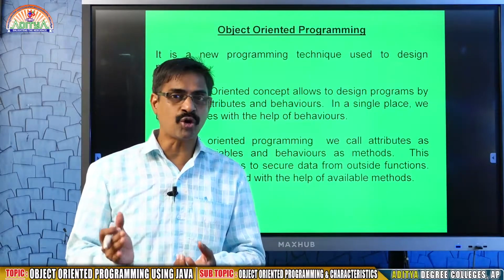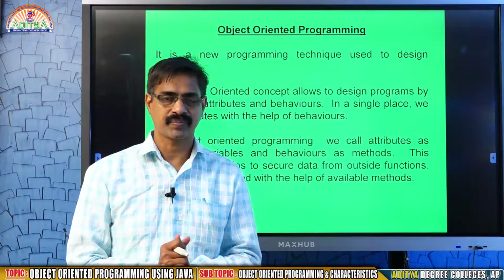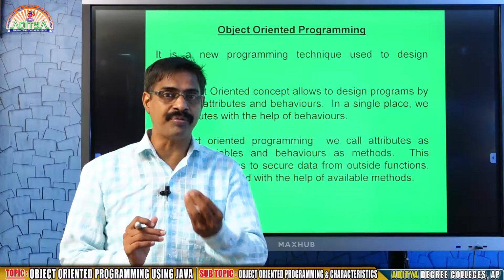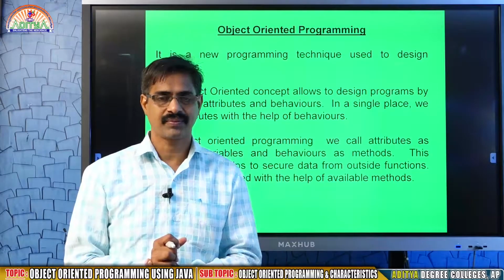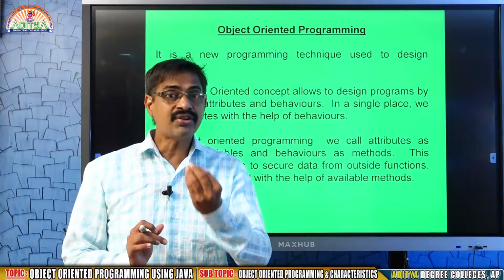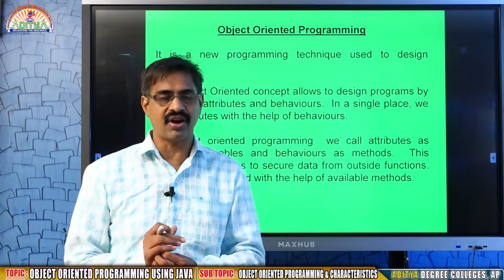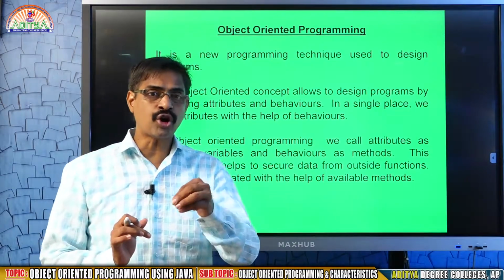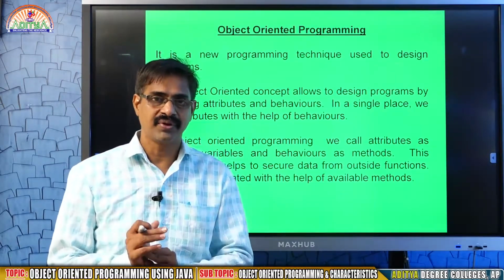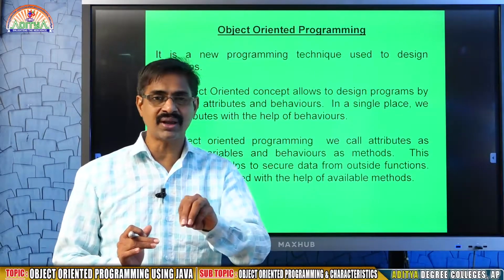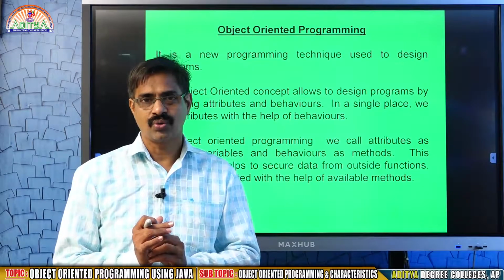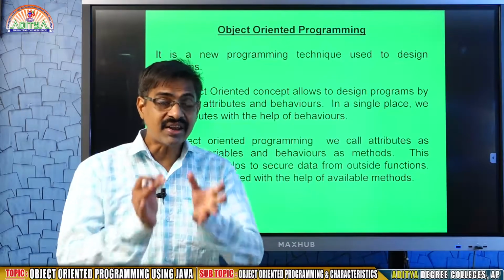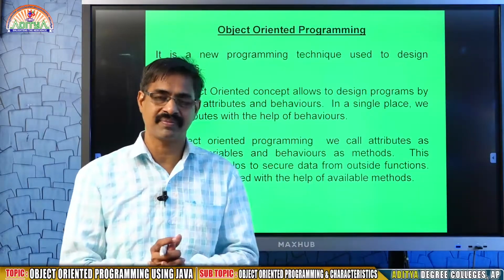Whereas Java is an object-oriented programming language. That means here the key actor is the object. This object or these objects are created from classes. So, in object-oriented programming like Java, we write programs using classes, and we operate the classes with the help of objects. That is the primary concept of object-oriented programming.